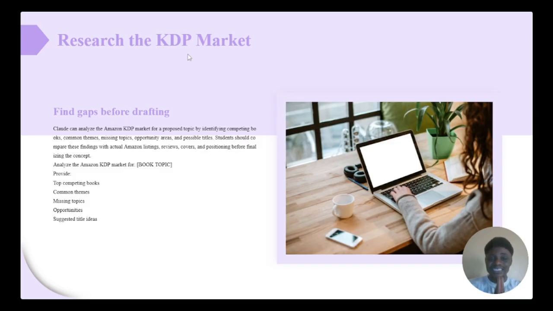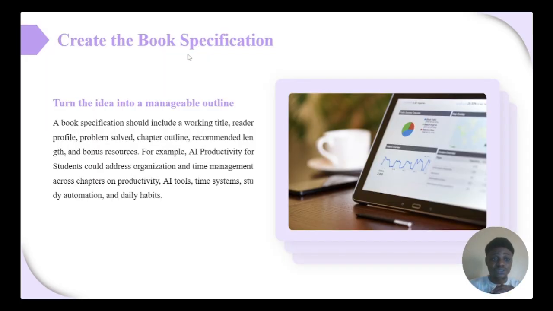These five key areas are very important before you even go ahead and write any sentence. Create the book specification. So turn the idea into a manageable outline. Now, a book specification should include a working title, reader profile, super important, problem solved, chapter outline, recommended length, and bonus research. These are all things that should be included in your book specification.